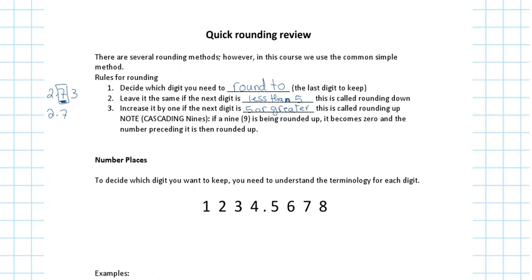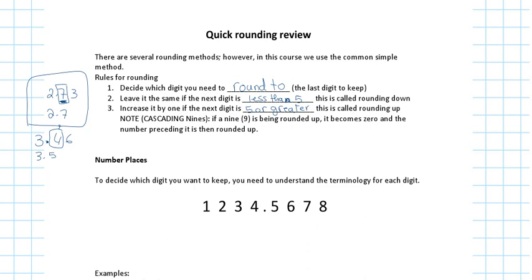For example, if I have 3.46, this number 6 is greater than 5, so I'm going to round this up, and that's going to be 3.5. Remember, in this case I'm giving you an example rounding to 1 decimal place. They could ask you to round to 2 decimal places, or 3. It depends on what the question is asking you.